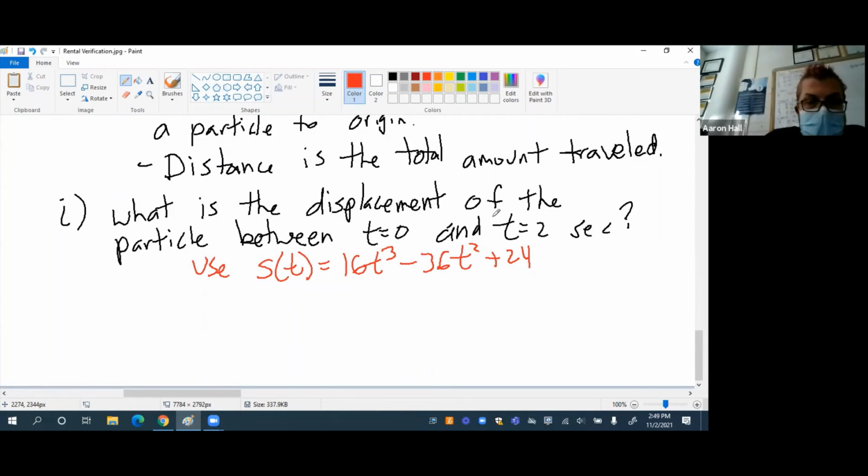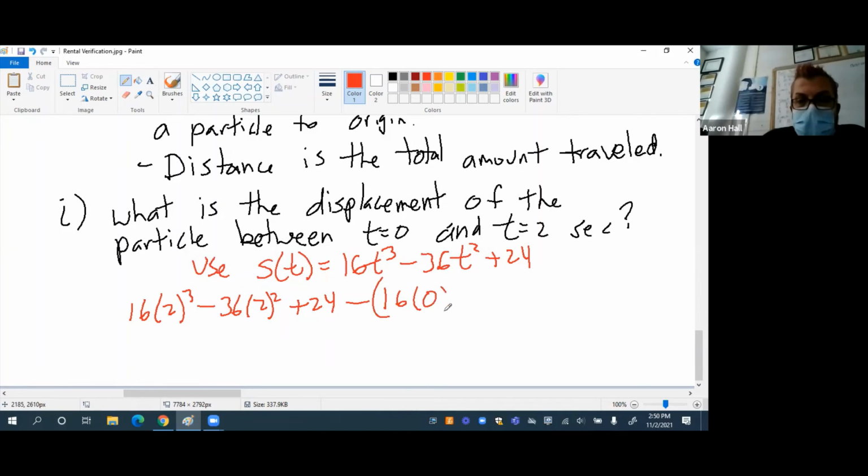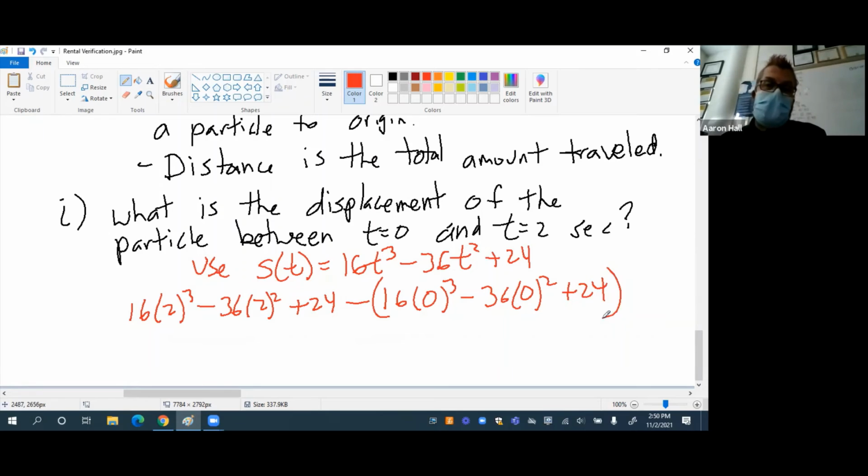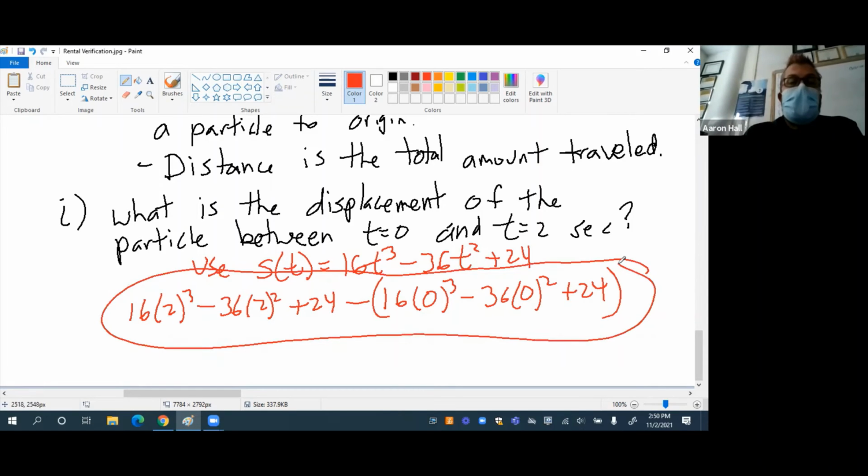So I have 16 times 2 cubed minus 36 times 2 squared plus 24, minus the same equation, 16 times 0 cubed minus 36 times 0 squared plus 24. Does that make sense, that that's how we're going to set it up to find the displacement from 0 to 2 seconds? If it doesn't make sense, that's something we need to talk about. Does this make logical sense that that's how we could find the displacement?